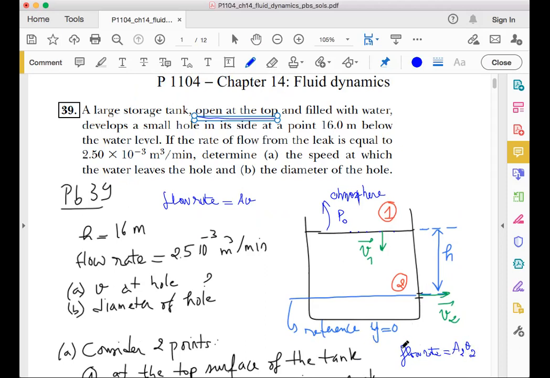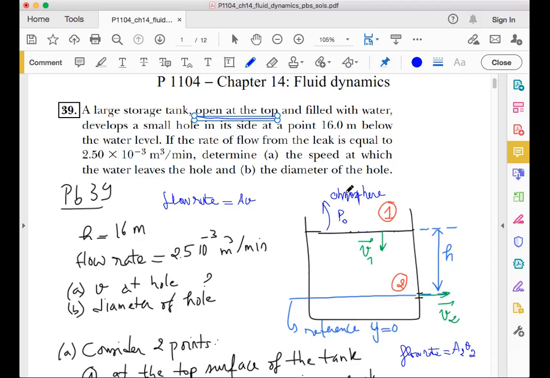If you know the flow rate and you know one of these parameters, you can determine the other. So the first question: how much is the speed at which the water leaves the hole? And you have to determine as well the diameter of the hole.